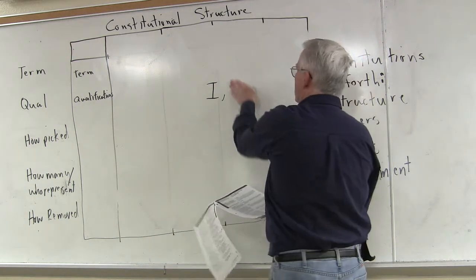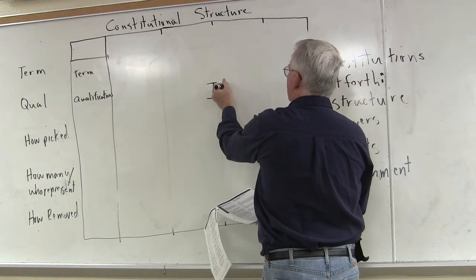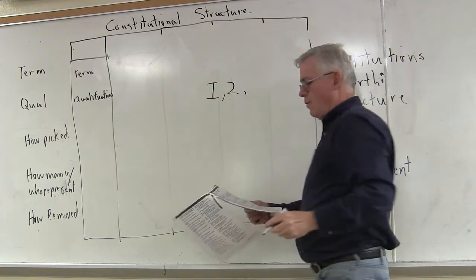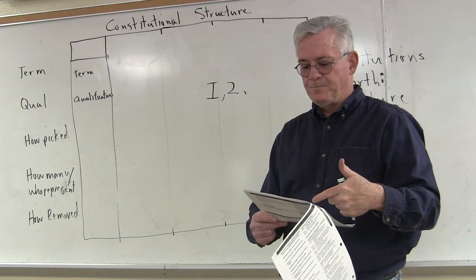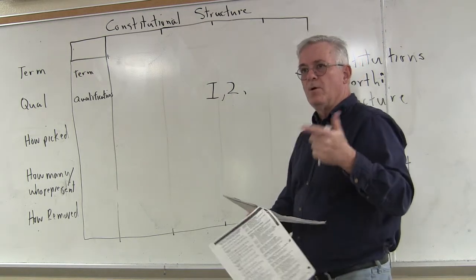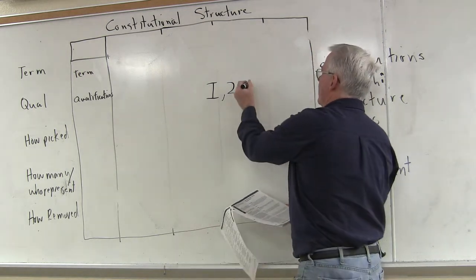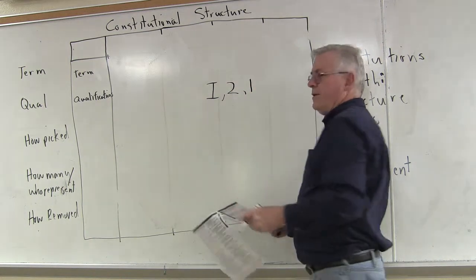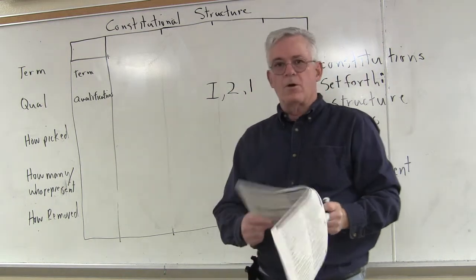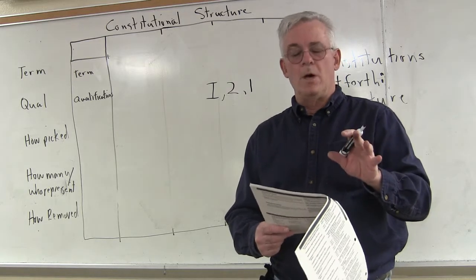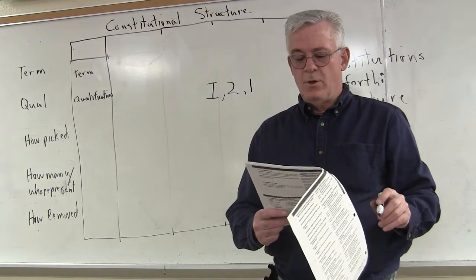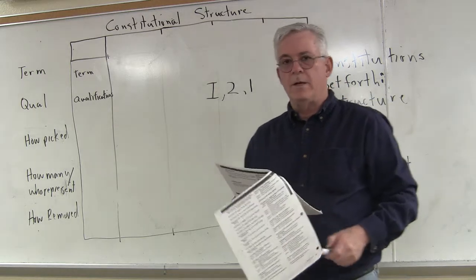If it was Article 1, Section 2, there are multiple paragraphs, and your third number would be the paragraph. So go to Article 1, Section 2, Paragraph 1, and read it.